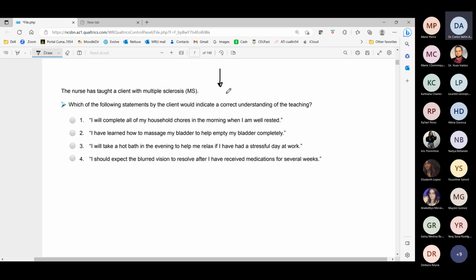Remember that the disease produces a bout or episode of destruction of the myelin sheath in the neurons of the central nervous system and the peripheral nervous system.